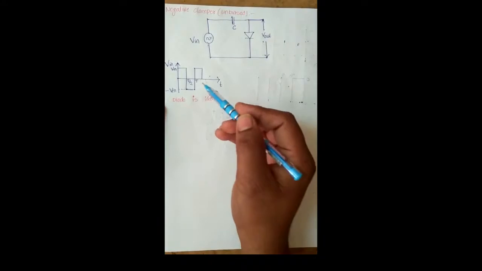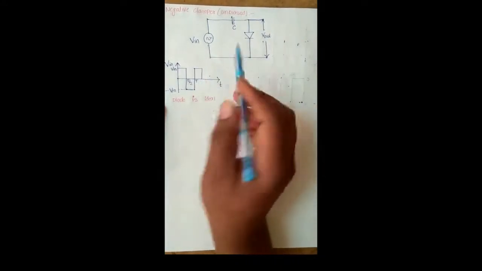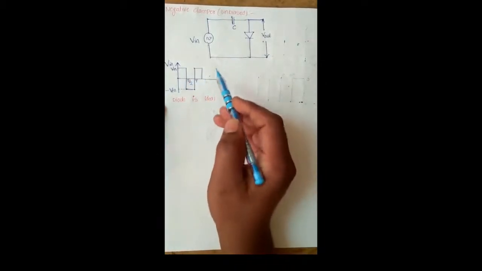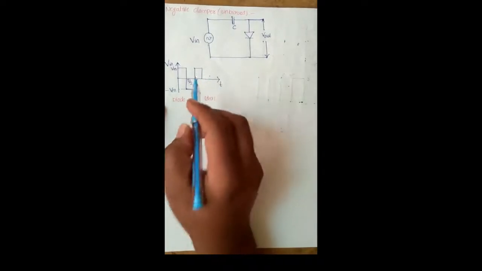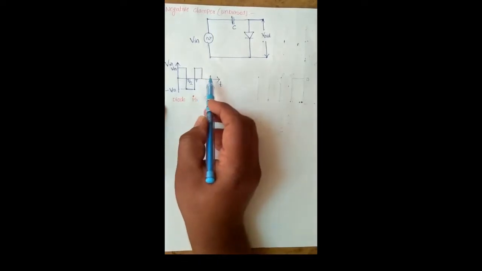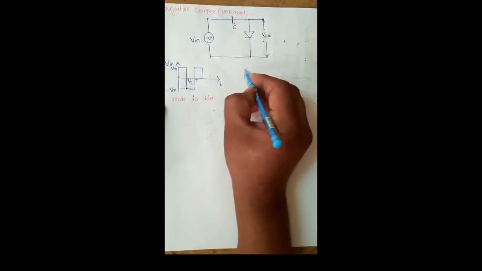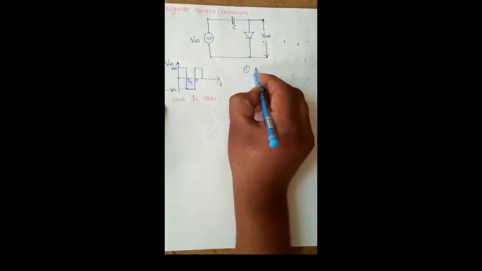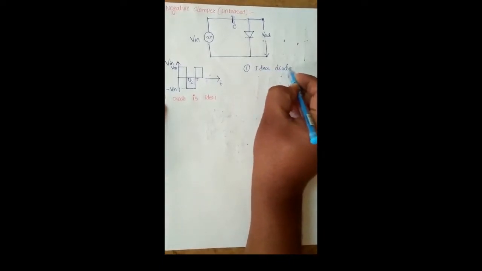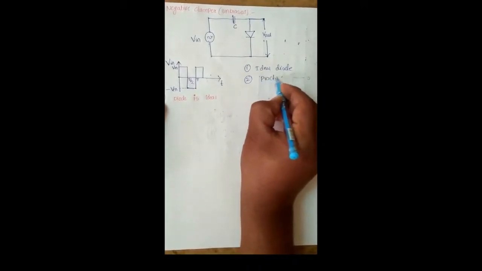As per the analysis of the negative clamper circuit, we apply either the square waveform or the sinusoidal waveform. For better understanding, first we apply the square waveform as the input. Clear? In this circuit, the diode is considered an ideal diode, and sometimes we consider a practical diode.